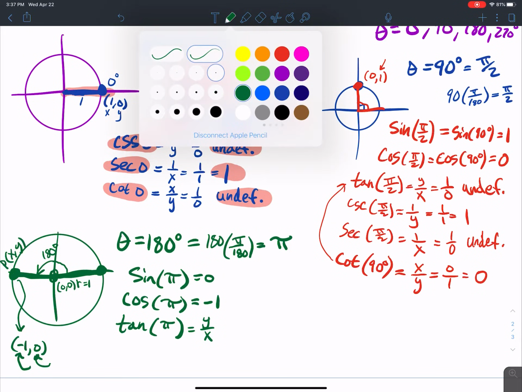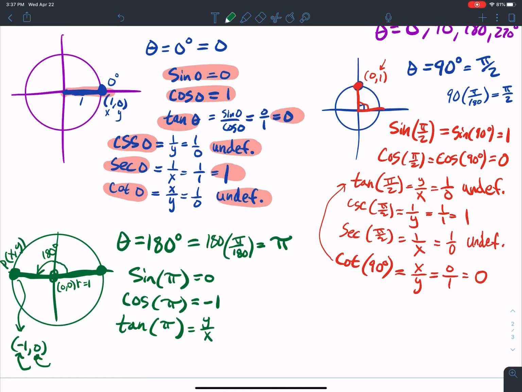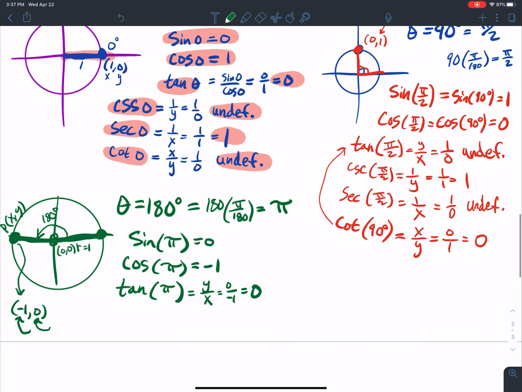That's going to be equal to what? That is going to be 0 divided by -1, which is 0, okay? Well, let's see, cosecant, this is the reciprocal of sine, 1 over y, so that's 1 over 0, that's undefined, okay?